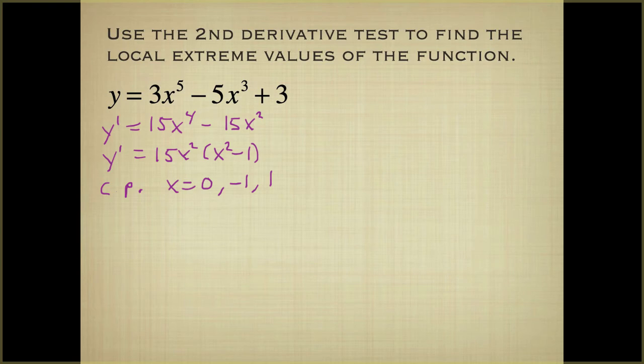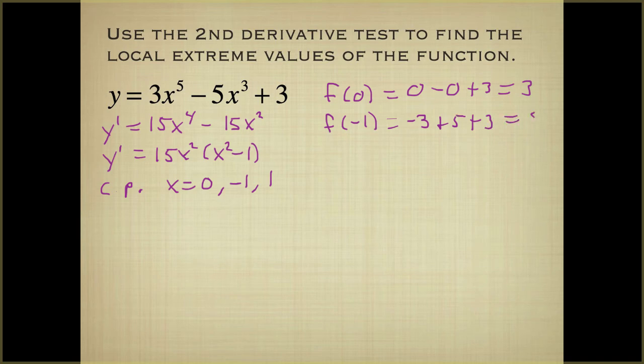We would plug them back into the original function, and we'd have f of 0. When you plug it back in, 0 minus 0 plus 3 is just 3. We will plug in -1. When you plug in -1, you get the first side would be -3 plus 5 plus 3, and you get 5.